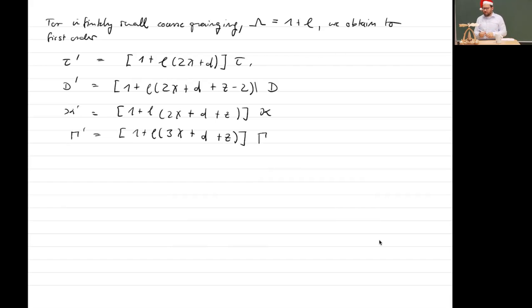So that's the updating of our parameters based on this rescaling step.